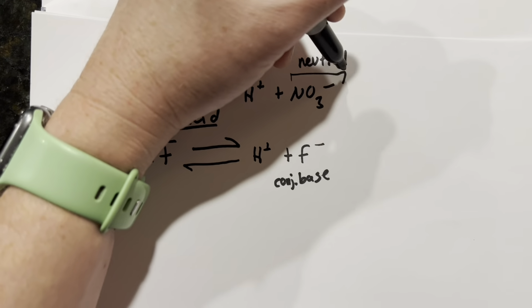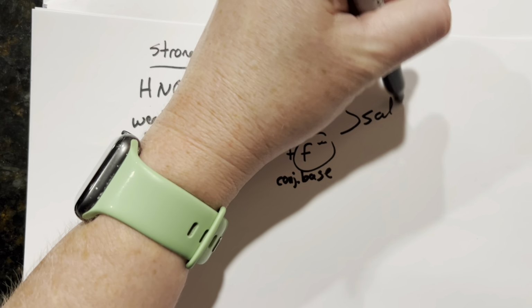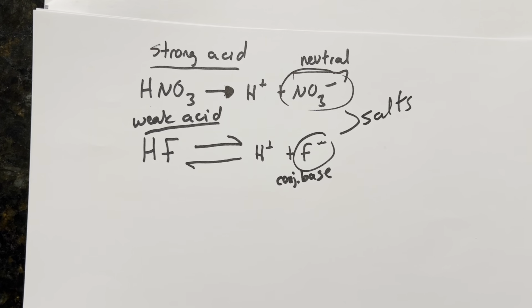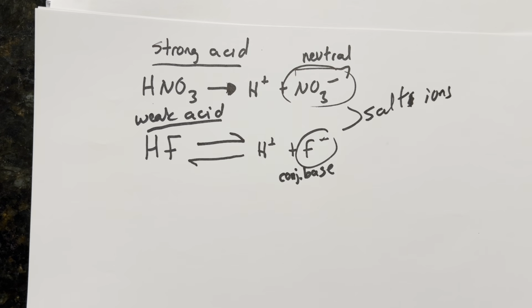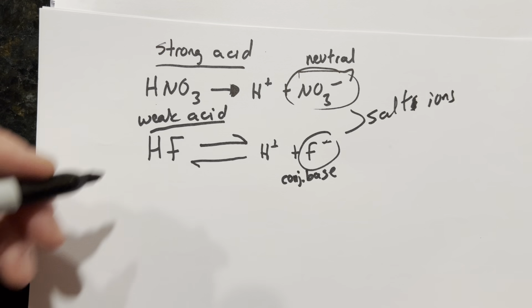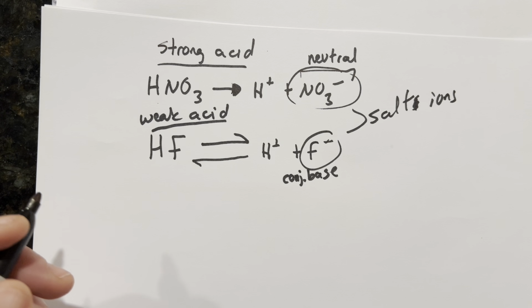So these things are what we would call salt. They're not the full salt, but they're salt ions. Let me be careful about that. Okay, anytime we have an anion, you can ask if it's going to be a weak base or not.